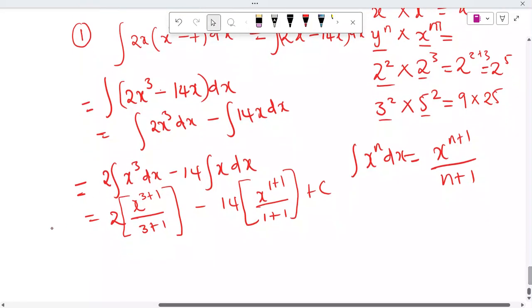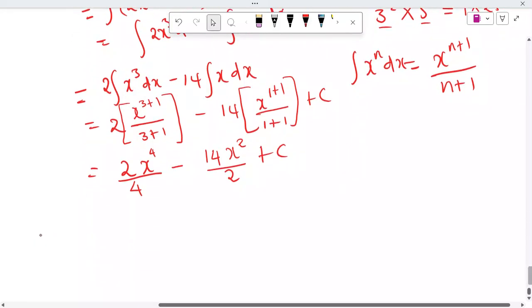Okay, so this is the same as continue writing 2. This will be x to the power 3 plus 1, which is 4, over 3 plus 1, which is 4, minus 14, x to the power 1 plus 1, 2, over 1 plus 1, 2, plus c.